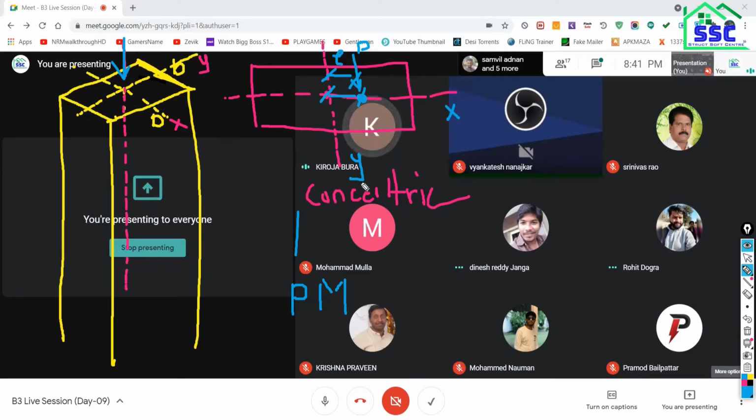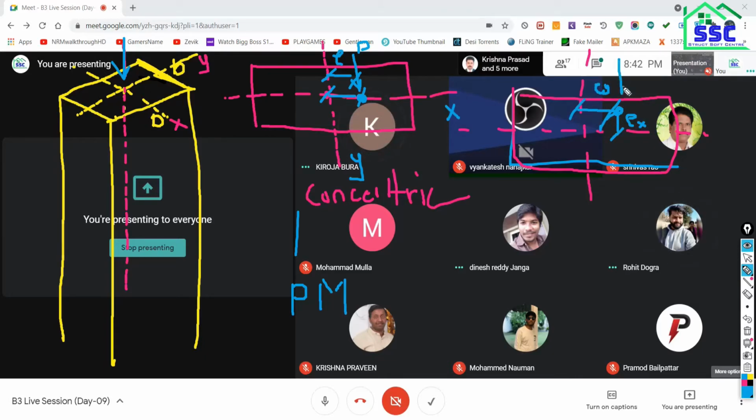Now in the third situation, what will happen? Your force is not going to act at the center, and it is not going to act on any one axis, neither on the x axis nor on the y axis. It is going to act somewhere here, just for example. So there will be eccentricity in the x direction, ex, and eccentricity about y also, ey.